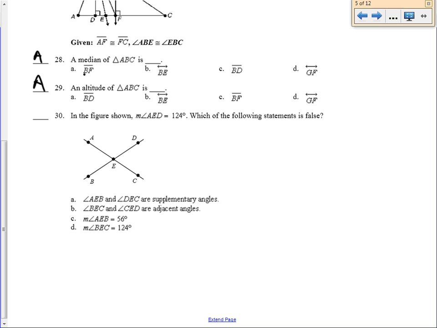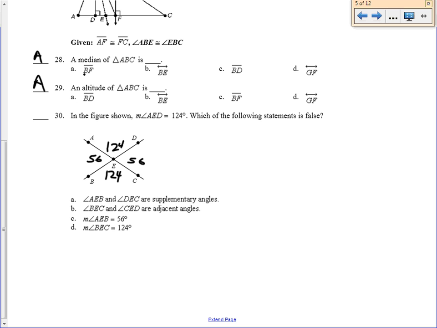Well, if AED is 124, and it says BEC is 124, AEB is 56, this side is 56. I believe the one that's not true, since it says which of the following statements is false, is A, isn't it?